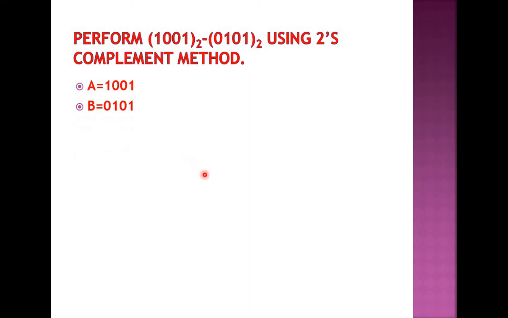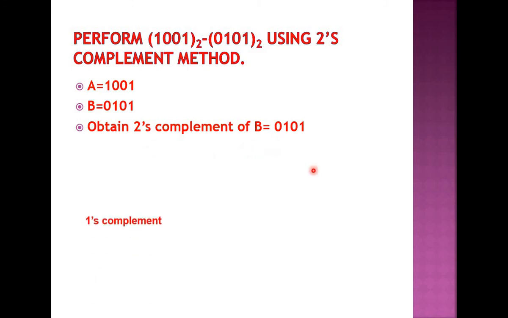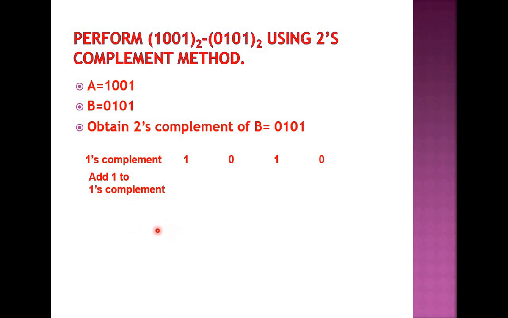The first step says that we have to find out the 2's complement of B. For that purpose we take the 1's complement of this number, so it becomes 1010. Now we have to add 1 to the 1's complement. Due to this it becomes the 2's complement.